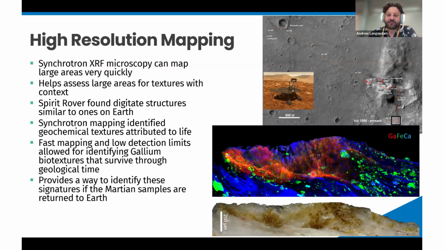And then gallium, which is important, can display the sheath that these microbes form at depth within these samples. And the other thing about gallium is it's not very mobile on the surface of the Earth, so it stays around through geologic time, which is really important if we want to go back to this location, pick up this rock and bring it back and see if there's anything that once upon a time was growing in it.